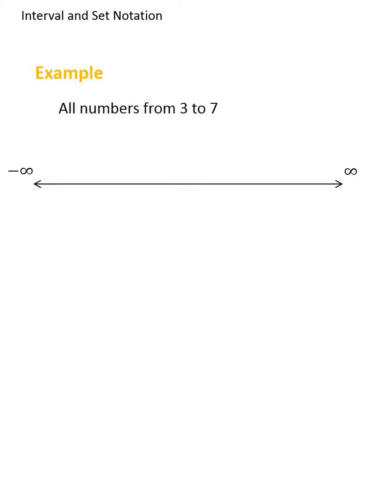Consider all numbers from 3 to 7, represented here. This set would include numbers like 4, 7, pi, 6, or 3, just to name a few. In set notation, we could express that set this way.